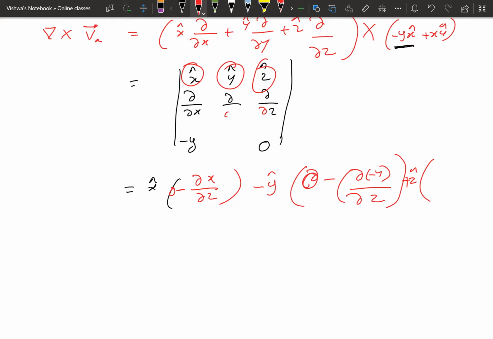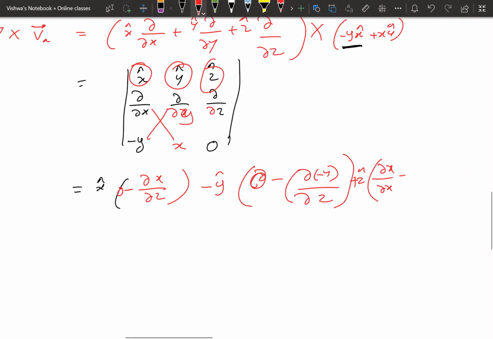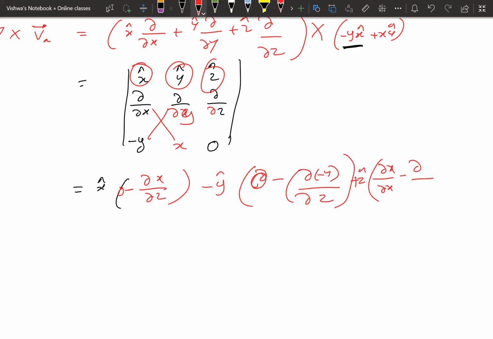So here dou x by dou x, minus dou by dou y of minus y. Dou x by dou z: this x is independent of z, so the value of this term is 0. Then 0 minus dou of minus y by dou z.